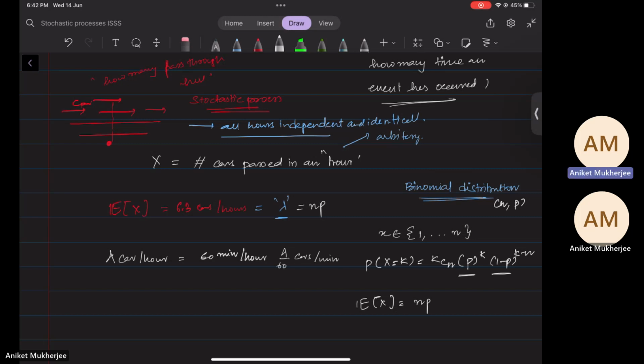Because I'm modeling it using the binomial distribution, the probability of X equal to k is equal to 60 choose k, lambda by 60 whole power k, into 1 minus lambda by 60 whole power 60 minus k.